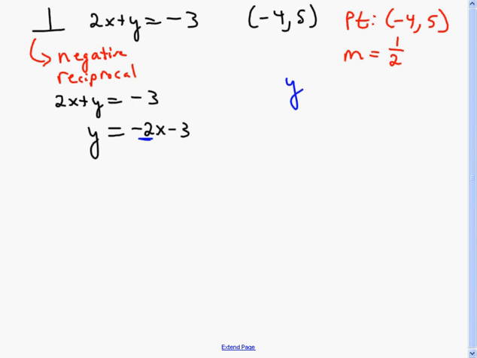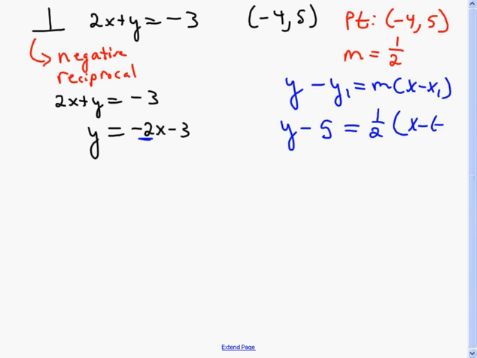So now I can use my formula. My formula is that y minus y1 is equal to m times x minus x1. I'm going to plug in all that information. So I'm going to plug in y minus my y value, which is 5, is equal to 1/2, since it was perpendicular, times x minus my x value, which is negative 4.